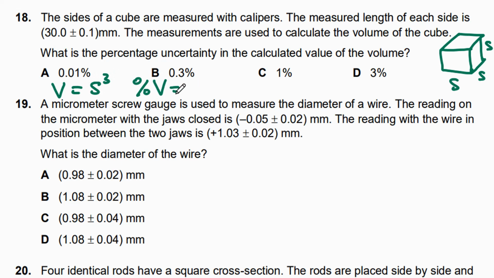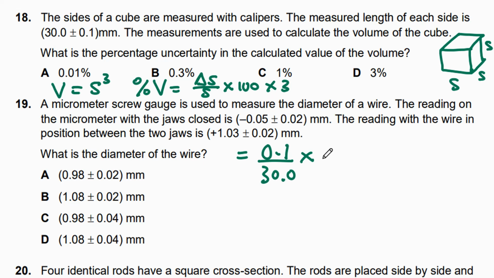So the percentage uncertainty in V will be the percentage uncertainty in S multiplied by 3. And we can plug in values. Delta S here is 0.1. S is 30.0, multiplied by 100 and then by 3. And this on a calculator comes to 1%. So the answer here will be C.